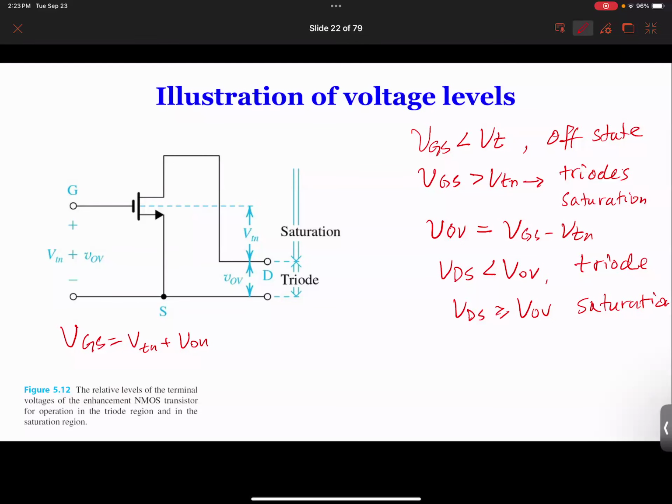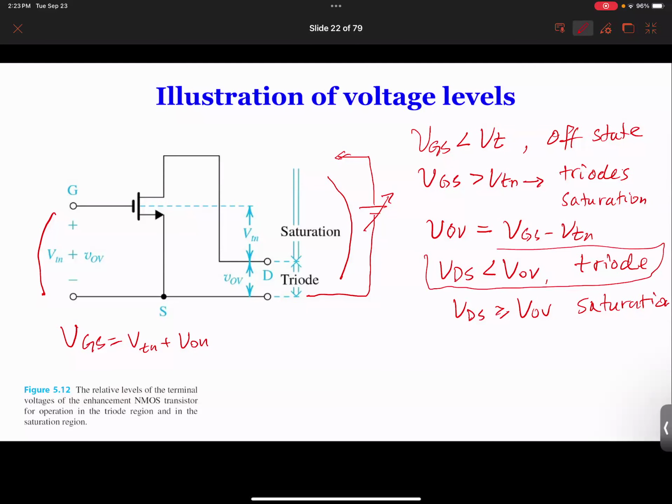If it is a PMOS, it will be VTP. So on the right hand of this figure, you see the voltage VGS, which is VTN plus VOV. On the right hand, we apply a voltage, which is VDS. So we apply VDS on the figure. So if VDS is smaller than VOV, which is what we have over here, it's in triode mode.